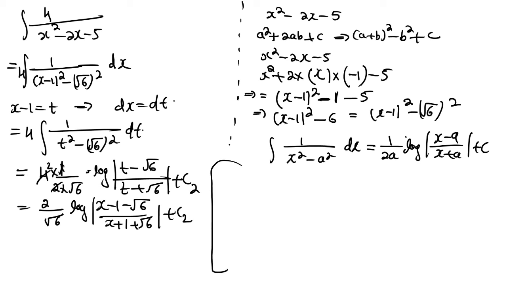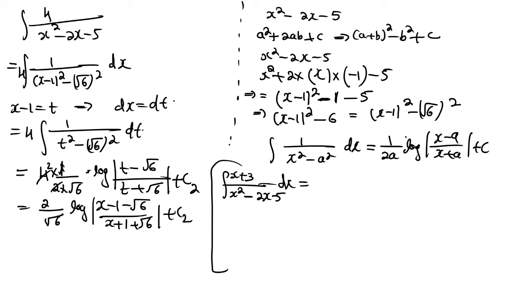Now see, we have I1 and I2 values. So substituting in that equation, integration of the given question, it's not 5x, it is 3x plus 3 divided by x square minus 2x minus 5 into dx, equal to I1 plus I2.